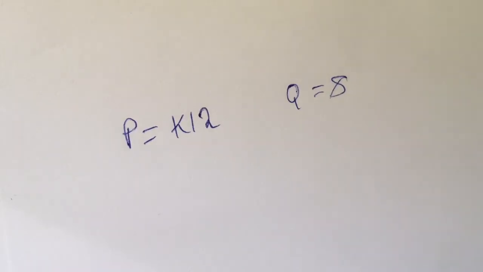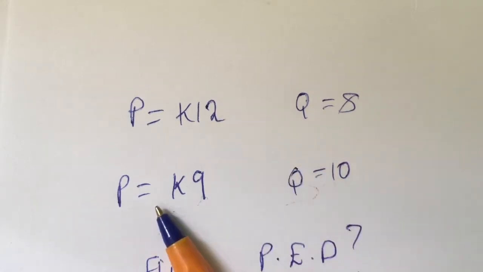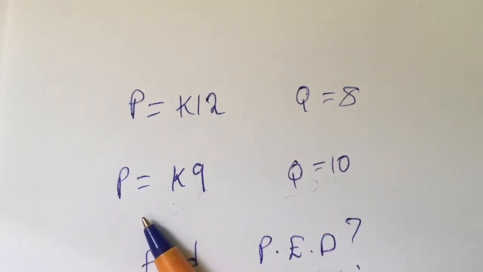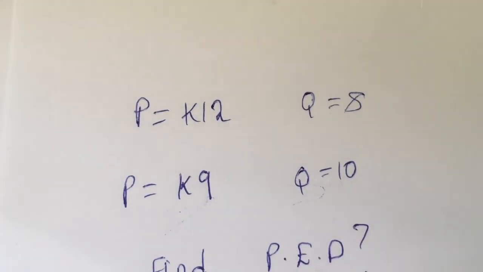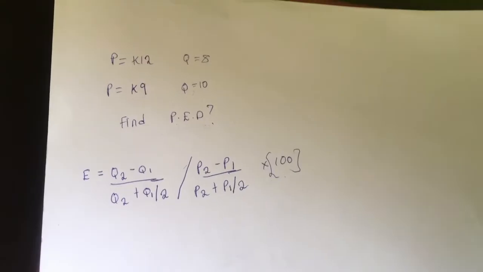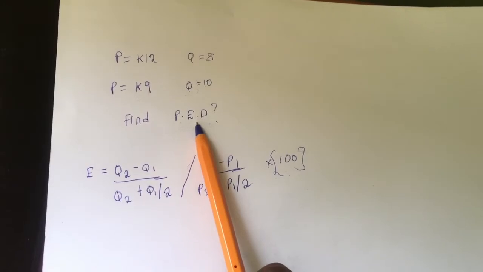The question further reads, the price of popcorn drops to 9 kwacha, which is this 9 kwacha right here, and as a result, the quantity demanded increases to 10, which is this 10. Find the price elasticity of demand, which is what we're finding here.